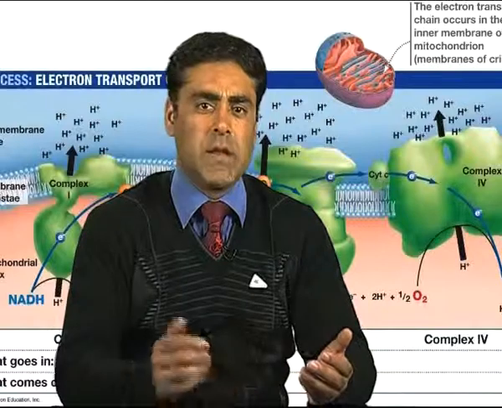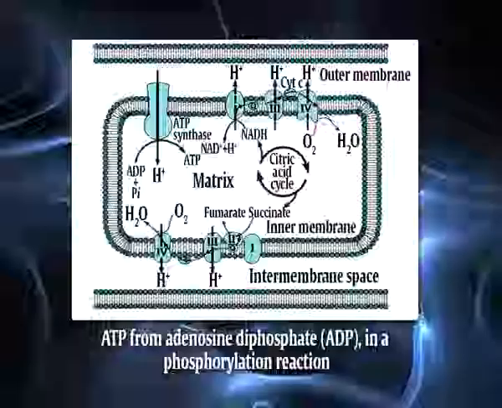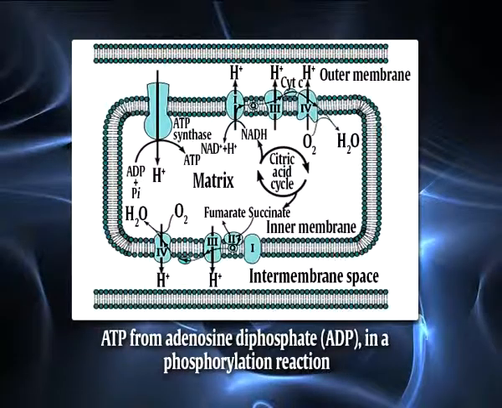This energy is then converted into chemical energy in the form of ATP by the ATP synthase, also located in the inner membrane, that couples ATP synthesis to the flow of protons back into the matrix down their electrochemical gradient.